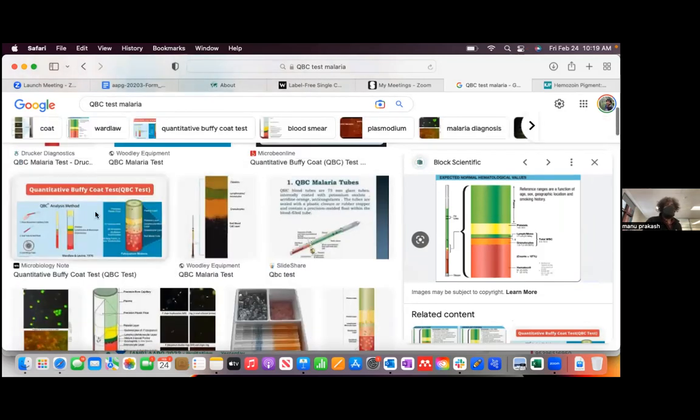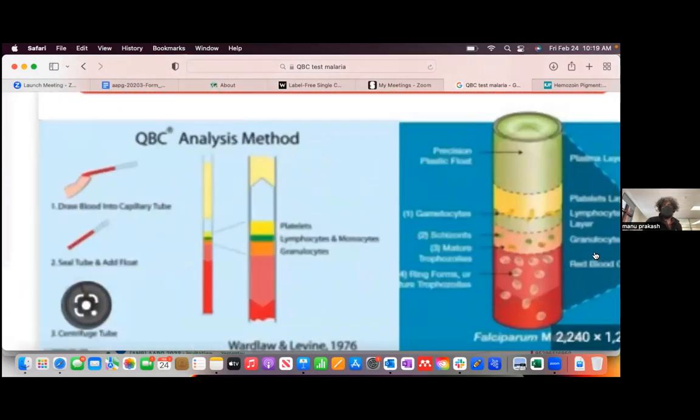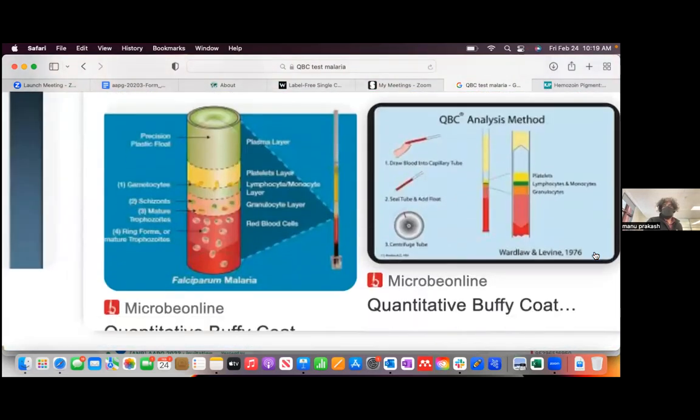For example, in the context of blood, if you are dealing with malaria, you can see right here the red blood cells that happen to not have the parasite, versus these, which are the sets of things that have parasites.